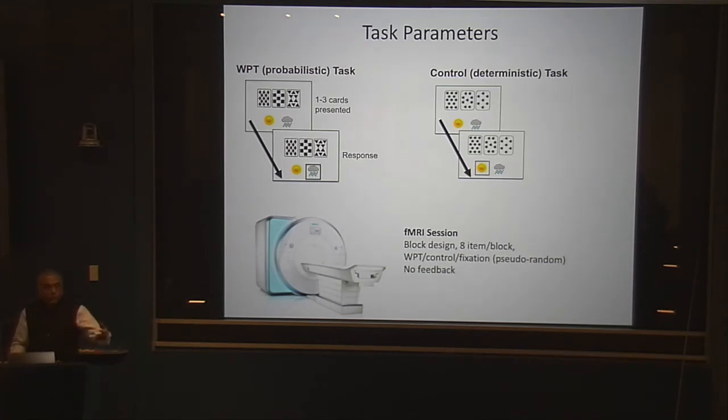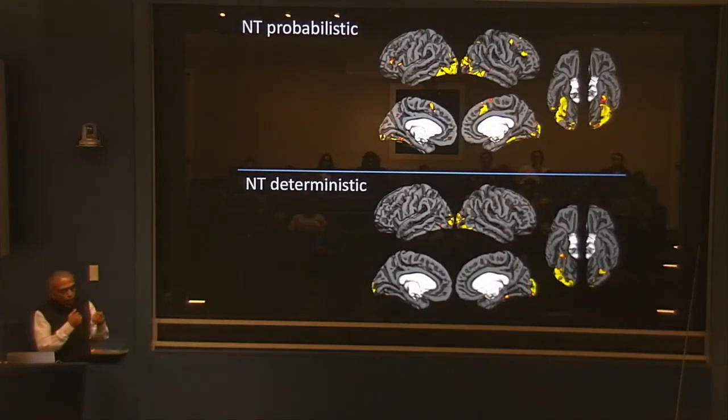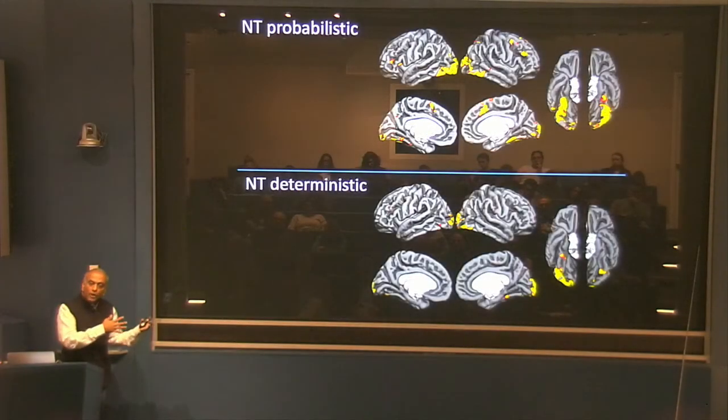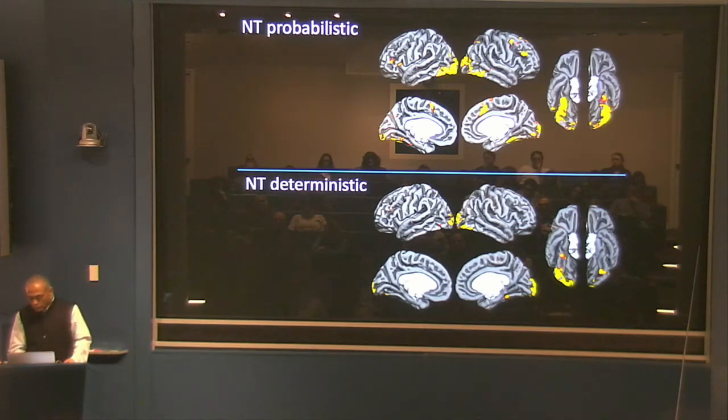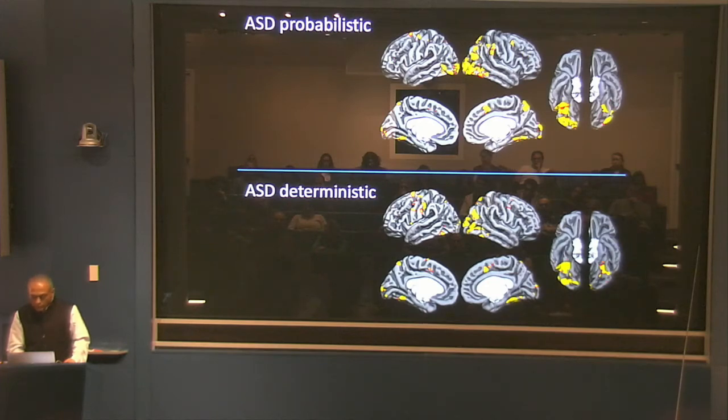So the children did this task in the scanner, and we are looking at the patterns of brain activation when they're doing the probabilistic task versus the deterministic task. Here it is for neurotypicals, here it is for ASTs.